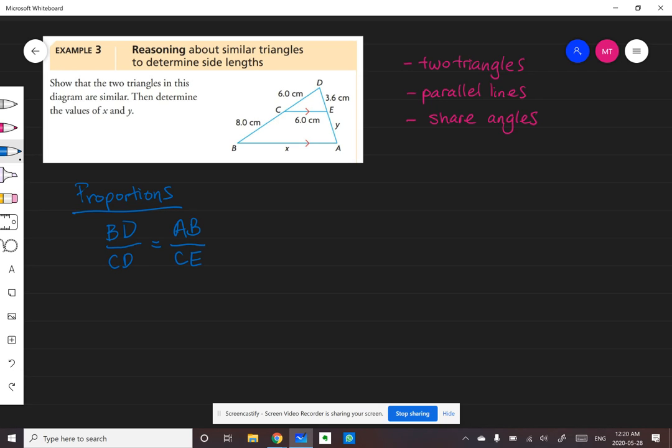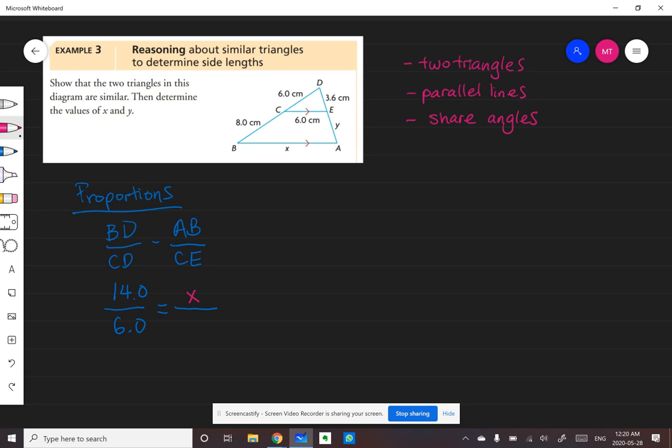So I'm going to do a little bit of calculation. I can say that BD, right there, that's 8 plus 6. So that's actually 14 units long. And then CD is 6 units long. And I could use that to find X. That's our unknown.